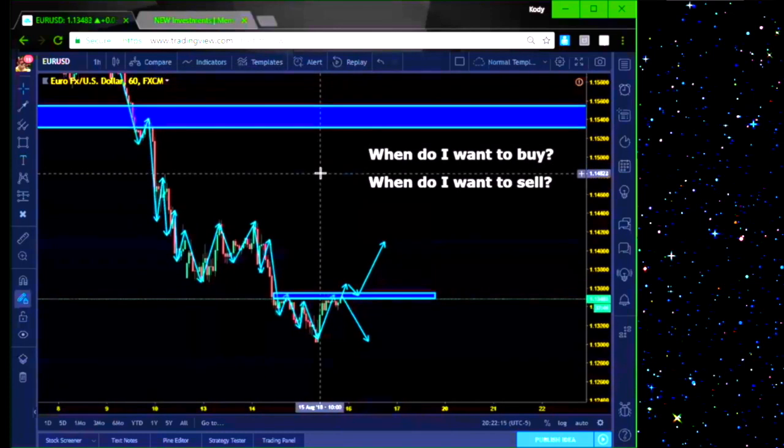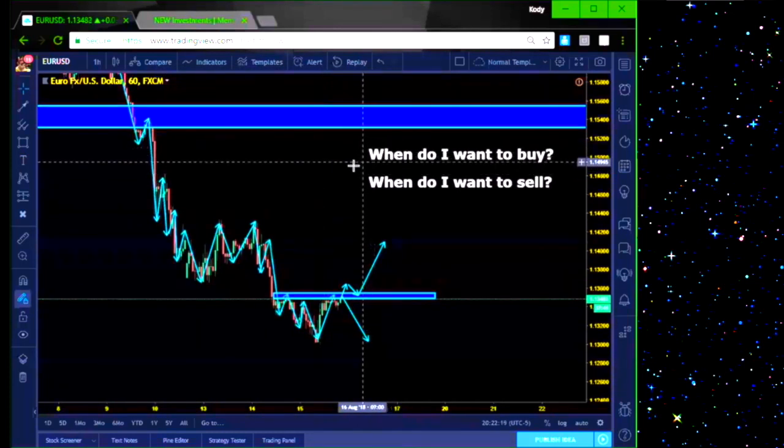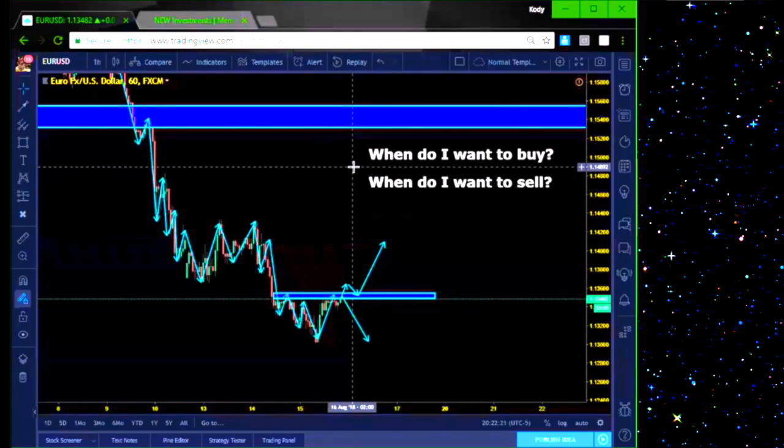If you know when you want to buy and when you want to sell, then 95% of the battle is already won. All you got to do now is click the button and execute, which, to be honest, is not as easy as it sounds. To be fair, psychology is something else.